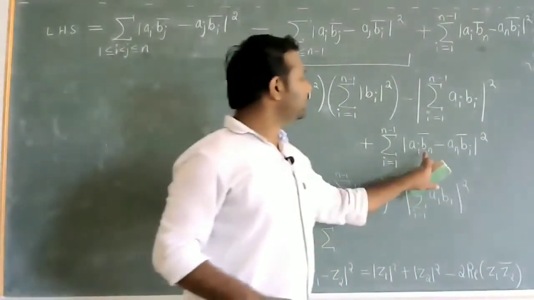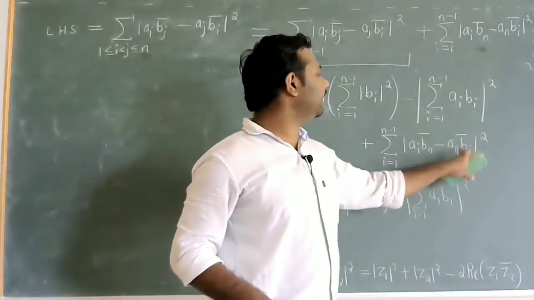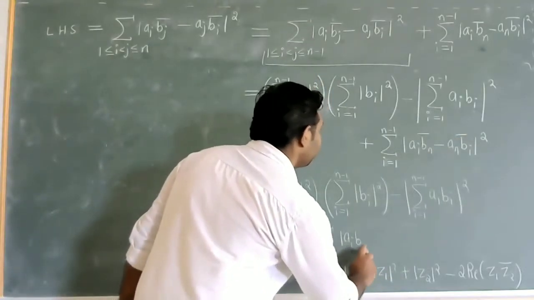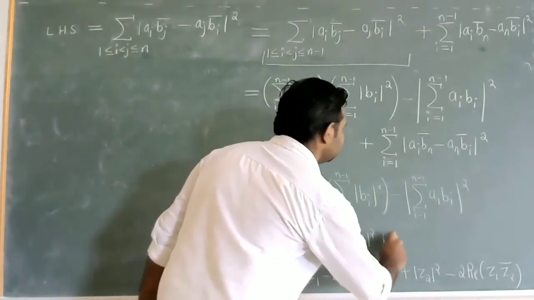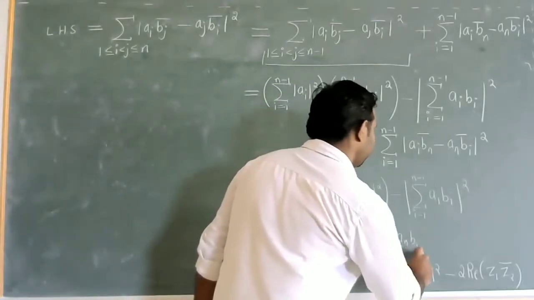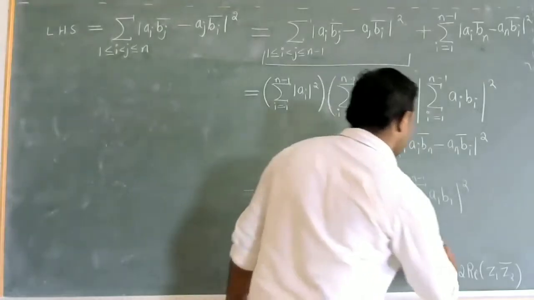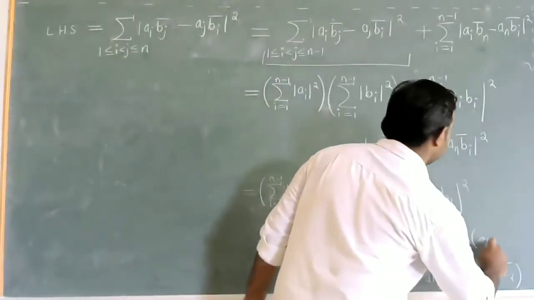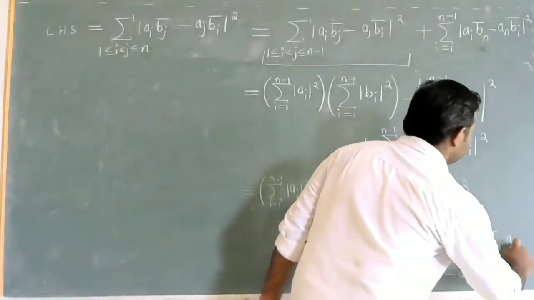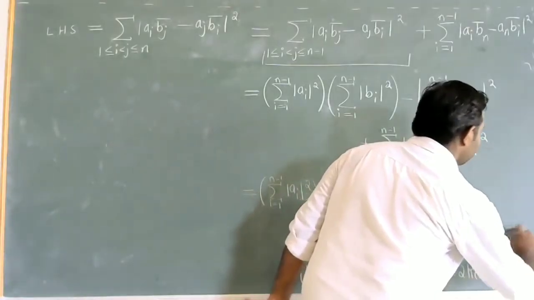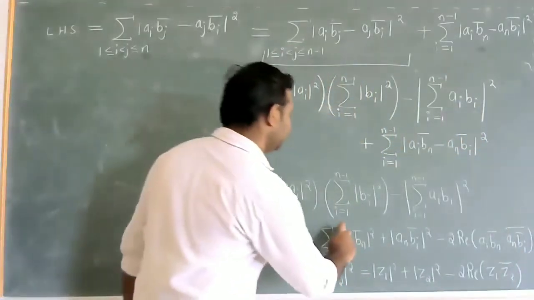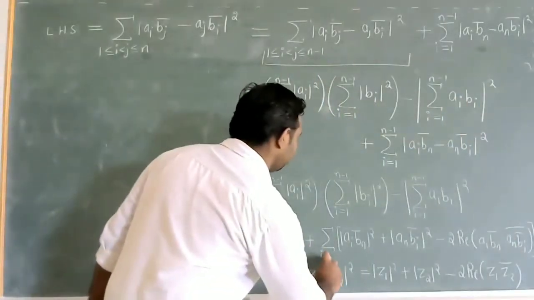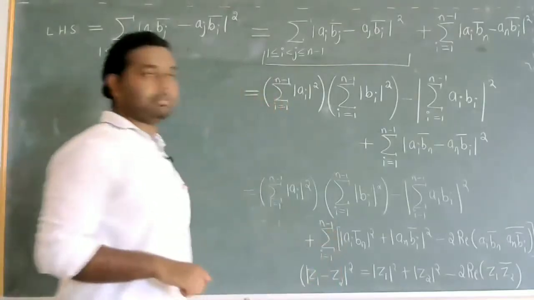So modulus of ai bn bar minus an bi bar whole square is modulus of ai bn bar whole square plus modulus of an bi bar whole square minus 2 into real part of ai bn bar into an bi bar whole bar. So all these terms are inside the summation running from 1 to n minus 1.